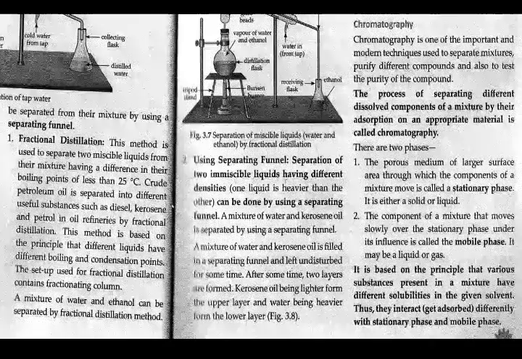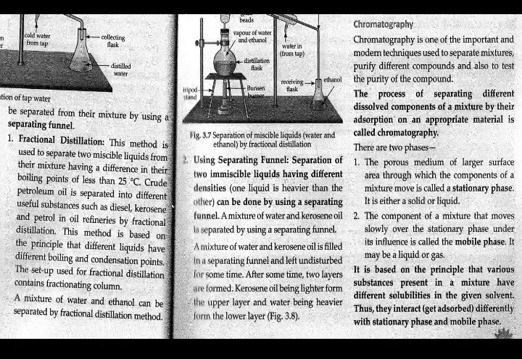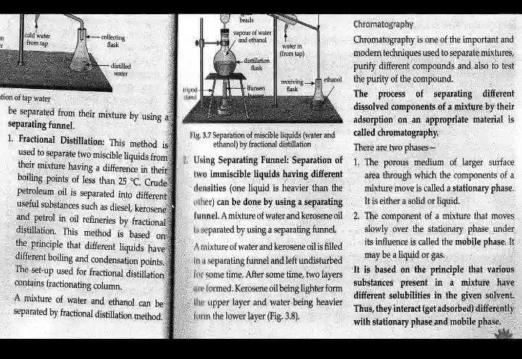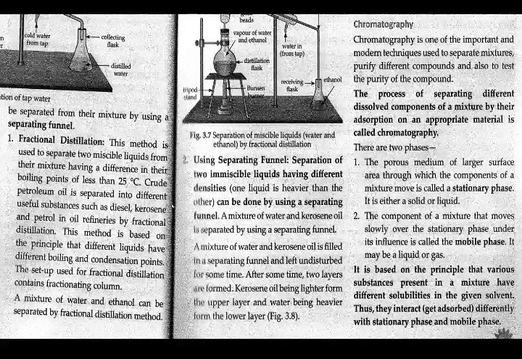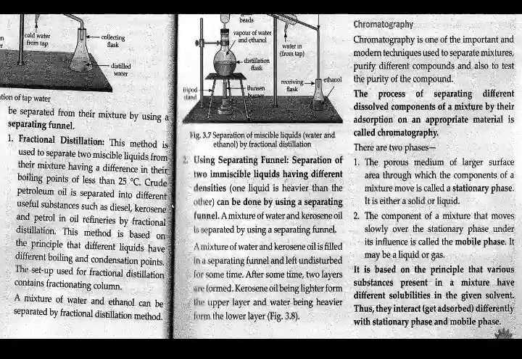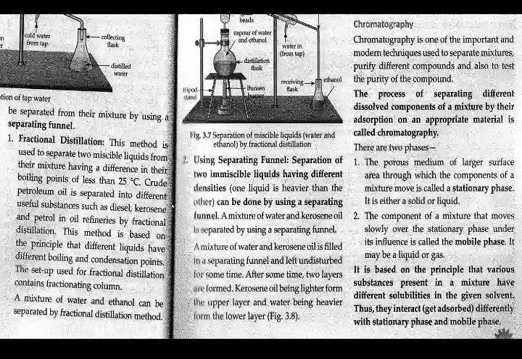The next process is chromatography, and chromatography is one of the important and modern techniques. It is used to separate mixtures only, and it is one of the techniques used to separate liquid mixtures. It can be a mixture of dyes or a mixture of different inks.